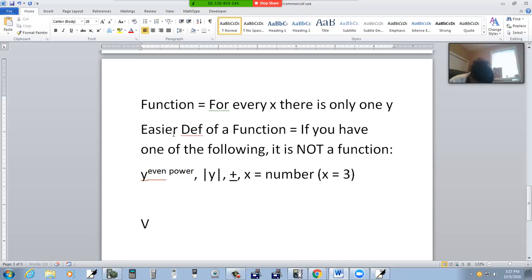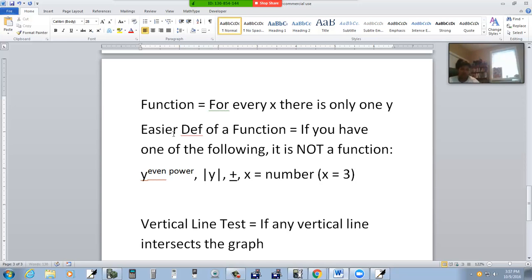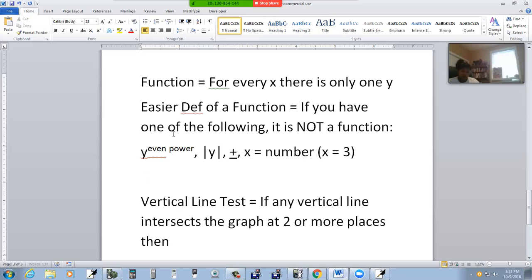Now we have something called a vertical line test. And this says if any vertical line intersects the graph at 2 or more places, then it is not a function.